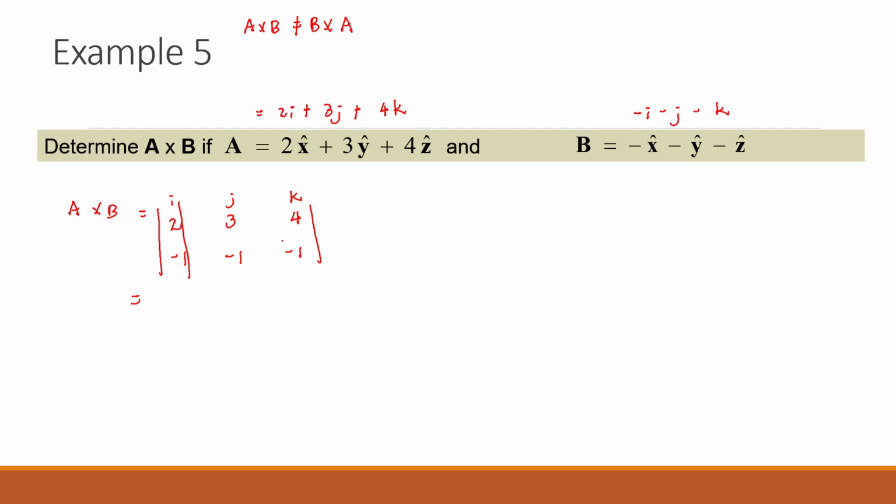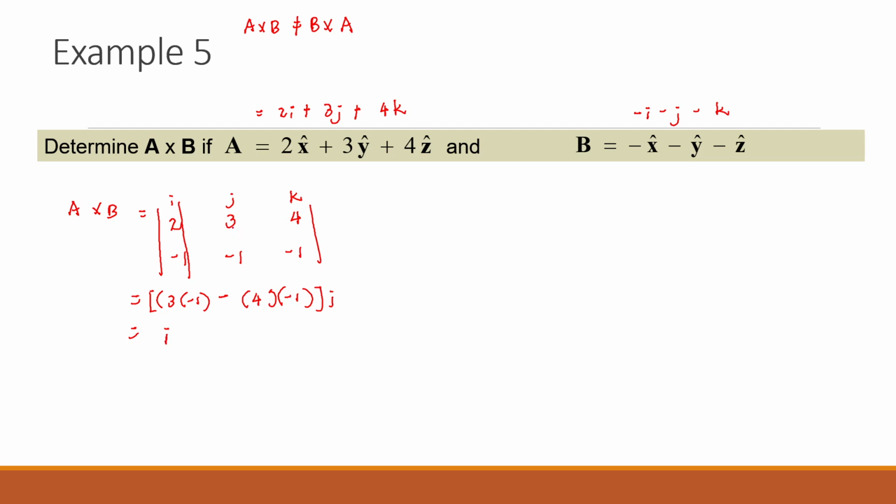So you have 3 times negative 1 minus 4 times negative 1. This is component I. So minus 3 plus 4, positive I.